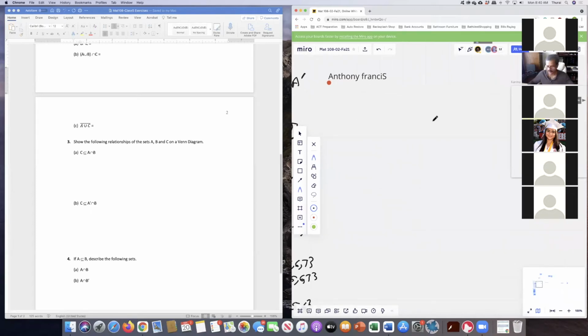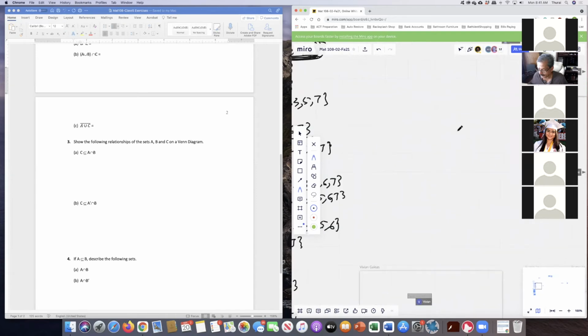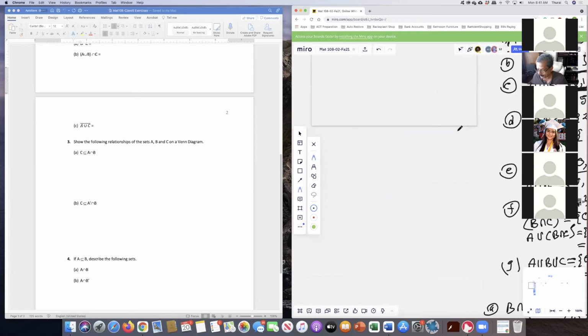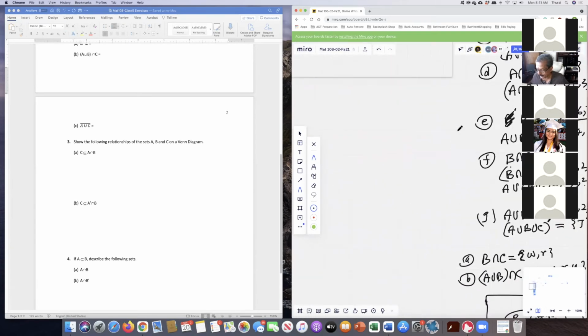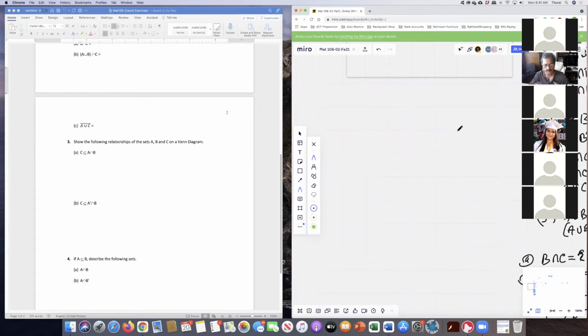All right, let me explain something before that. How do I show on a Venn diagram that A is a subset of B? To show that A is a subset of B, A is a subset of B means every element of A is in B. That's when we say A is a subset of B. Every element of A is in B, but it doesn't have to be the other way around.